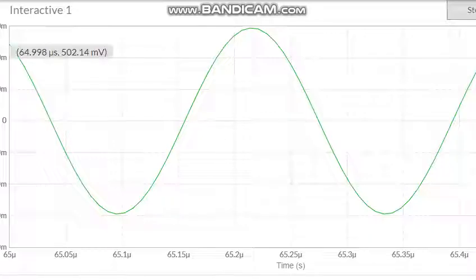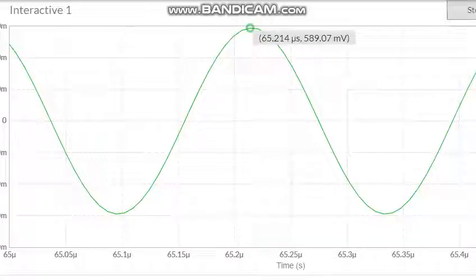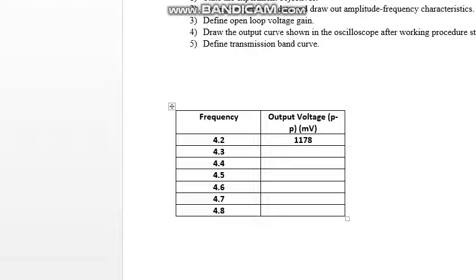Now the topmost is 502, the last is 589 millivolt, and 589 into 2, that will be 1178 millivolts. Now we will find out the other values, then we will try to do the graph.